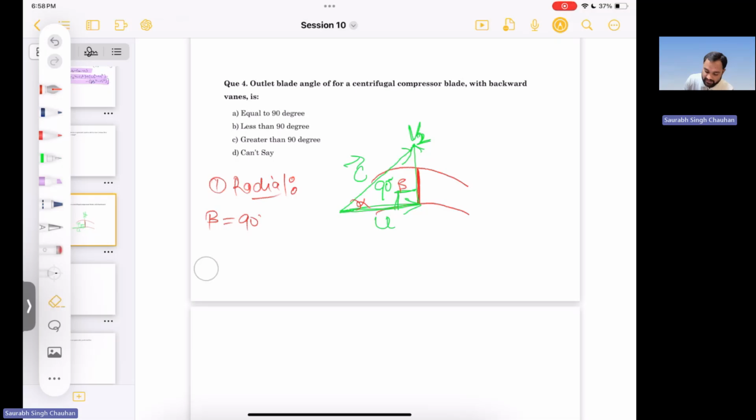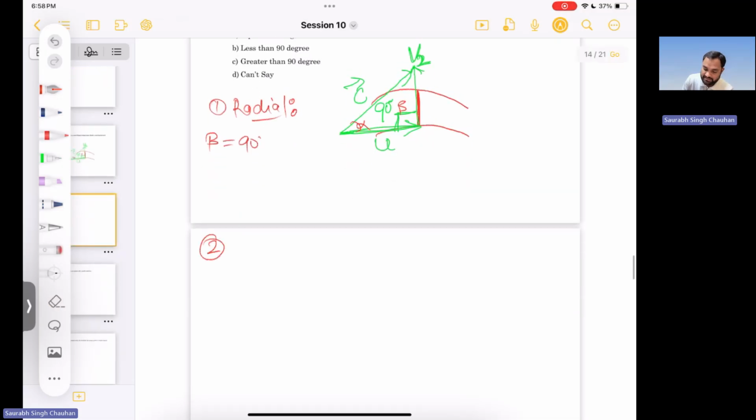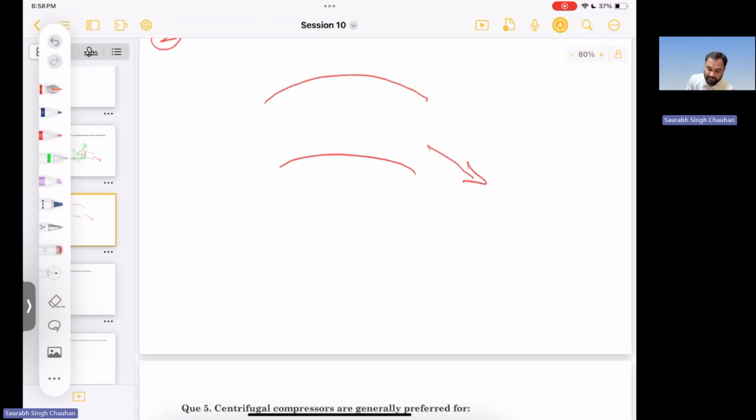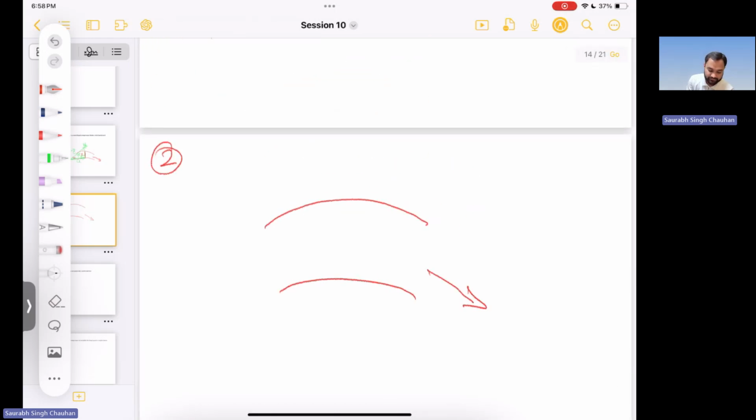Okay, and another type of blades, so this is rotating like this. Instead of going in the direction of rotation, if fluid is going in the opposite direction, then we say it is in the backward direction. So fluid is going like this, and blade is moving in this direction, so it is going in opposite direction.